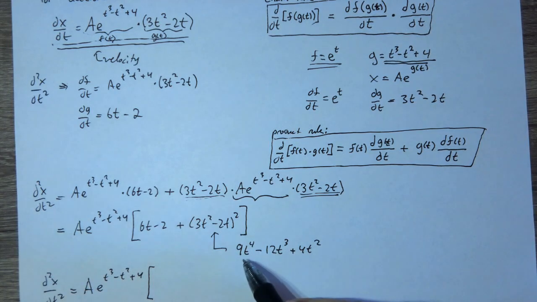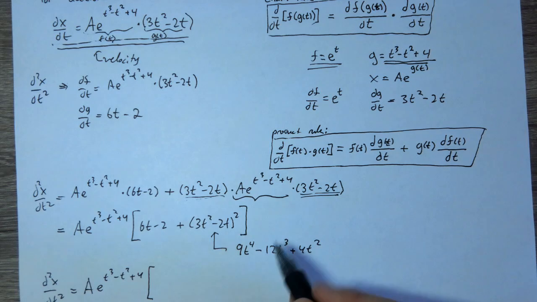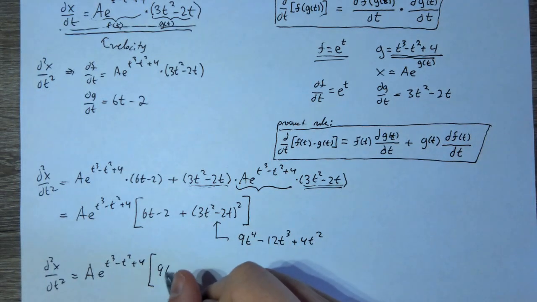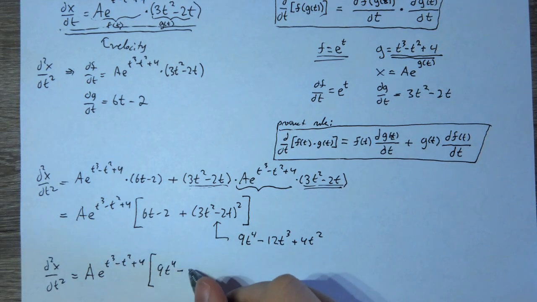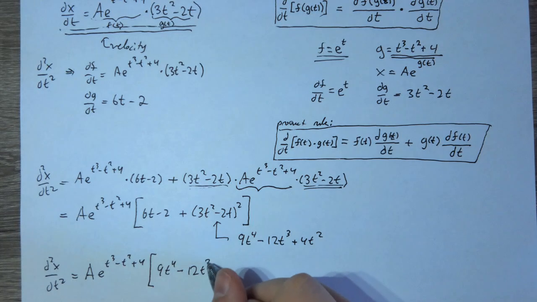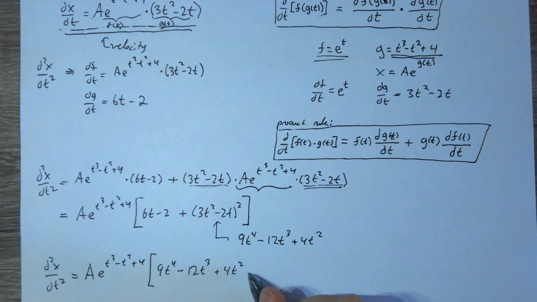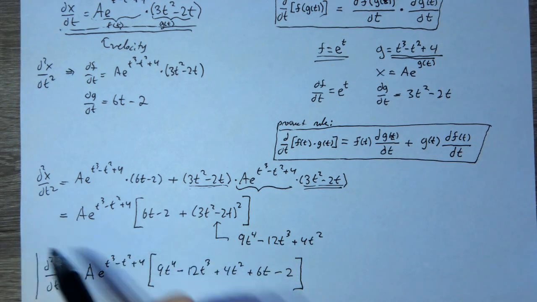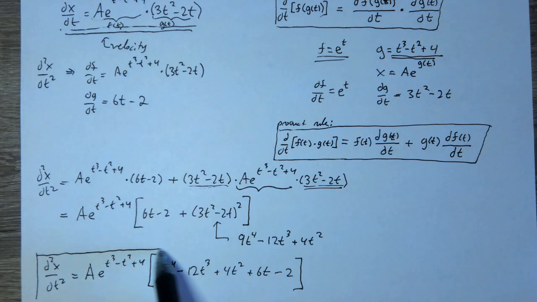And it's nice to write it in order of descending powers. So 9t to the 4 minus 12t cubed plus 4t squared plus 6t minus 2. And that is your acceleration.